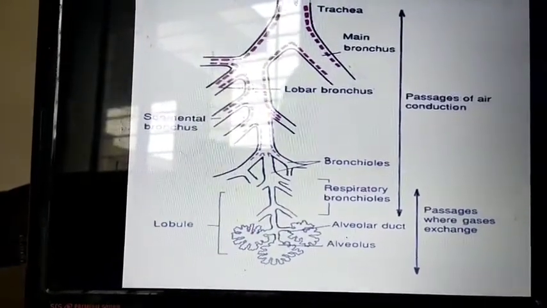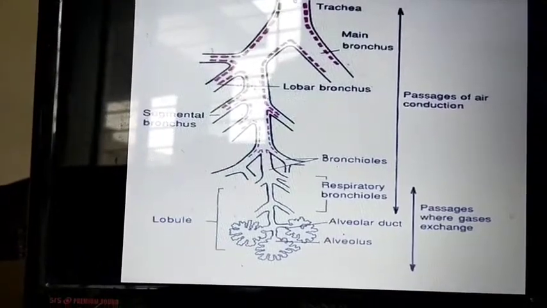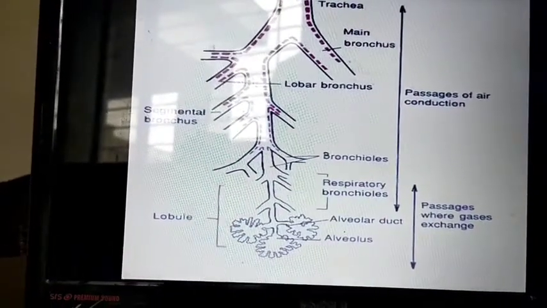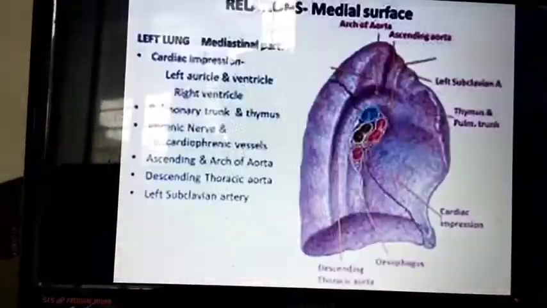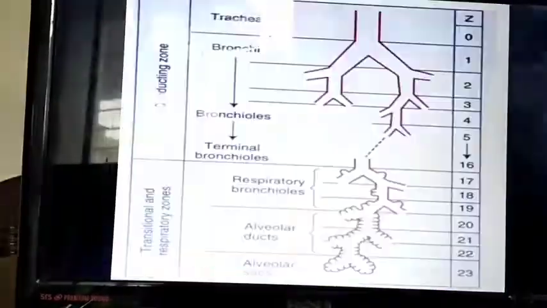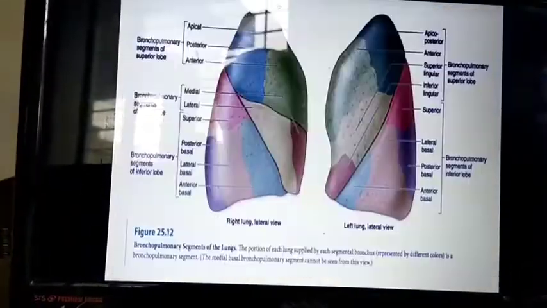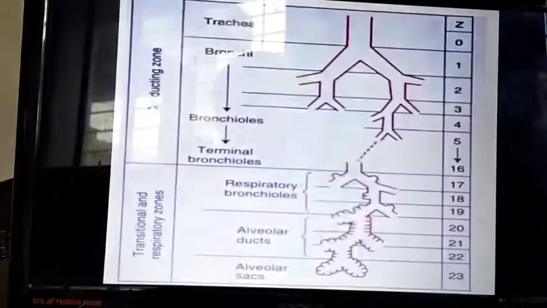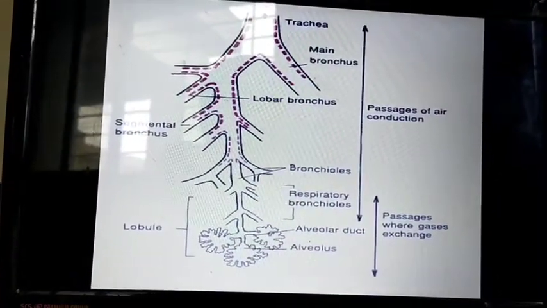Lobar means they are present lobe-wise: superior lobe, middle lobe, inferior lobe. Lobular means it involves only the respiratory zone, mainly the respiratory bronchioles, alveolar ducts, and the alveoli.